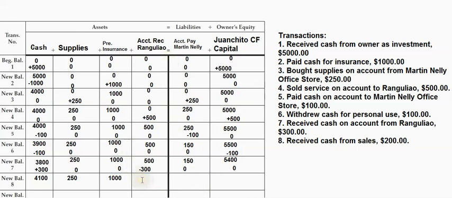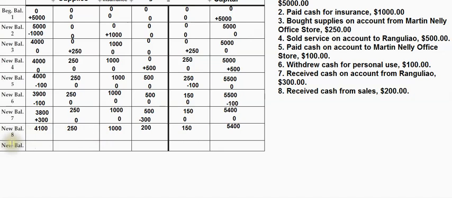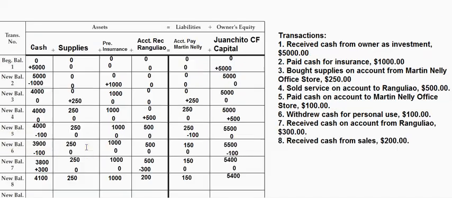Accounts receivable Ranguliao, he owes you $200 only. Alright, he pays some of the debt. And you still owe Martinelli 150 bucks. And capital is 5,400.